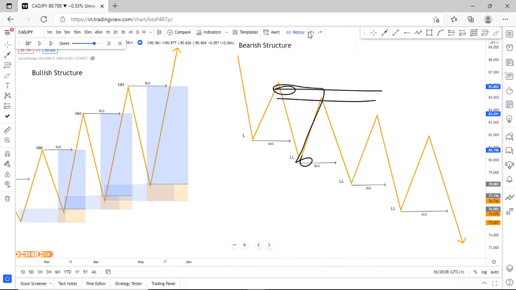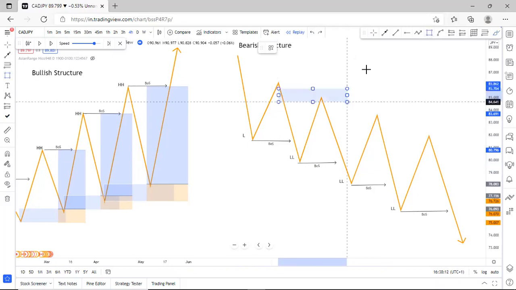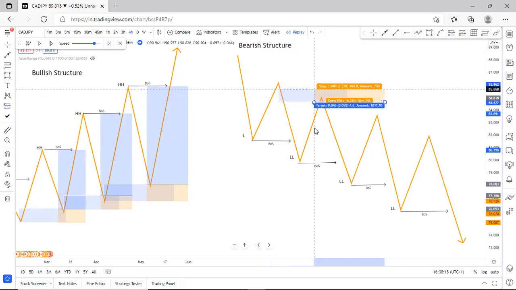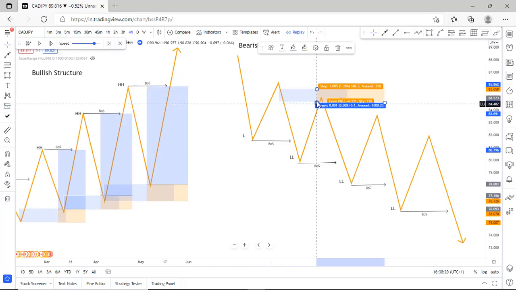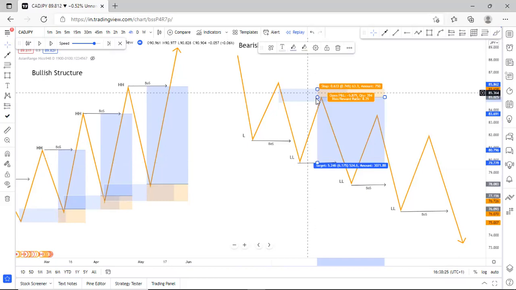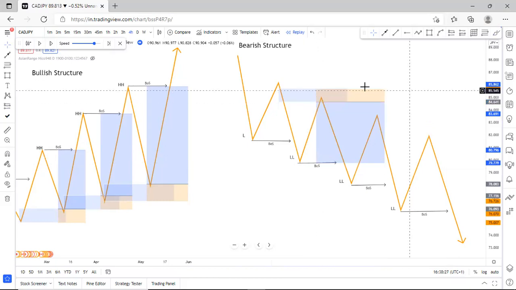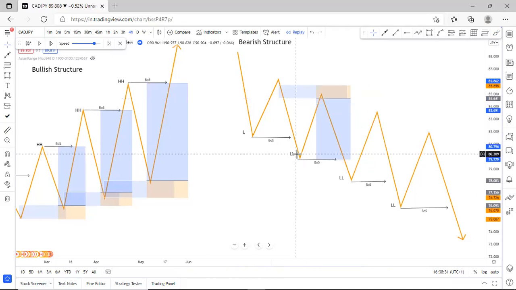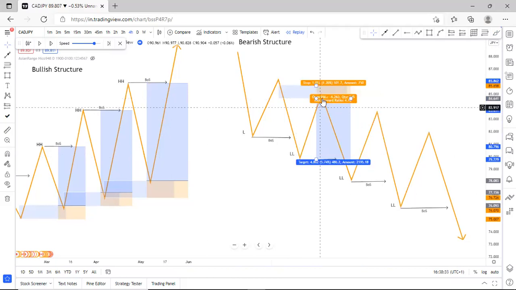At these zones, we want to look for supply and take our sell trade off this supply zone. Then we target the last low, this previous low. The same thing happens again. We took out the previous low that mitigated the supply.